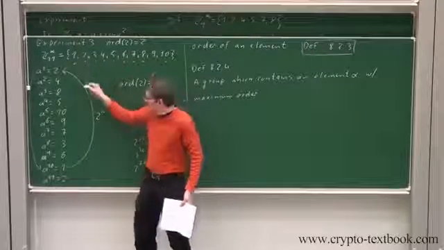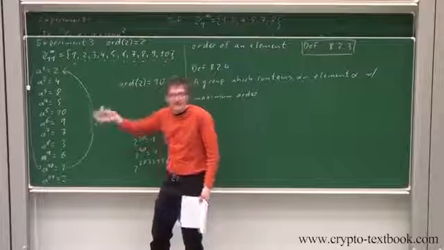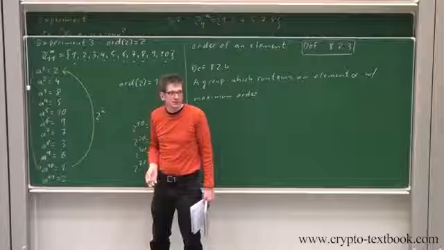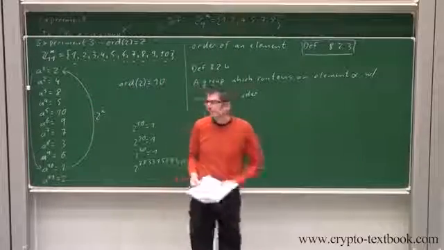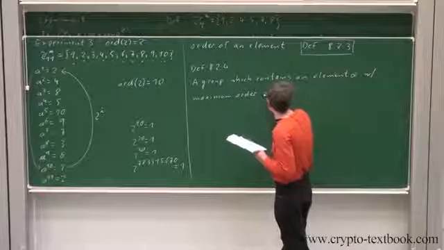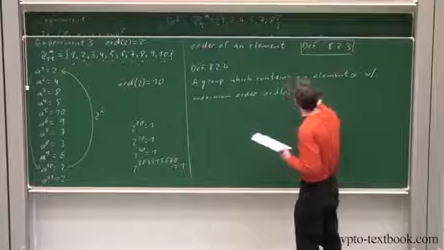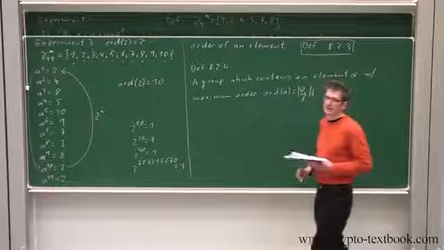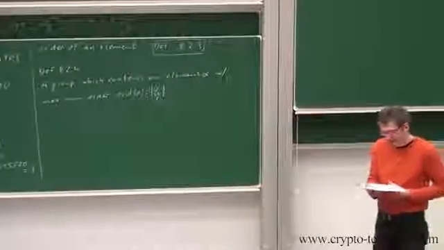Here we only have 10 elements, you can't have a cycle length of 11. If you hit the one earlier, you start repeating earlier. With the maximum order, the order of alpha is equal to the cardinality of G, Anzahl der Elemente, Kardinalität, it's also a German word.